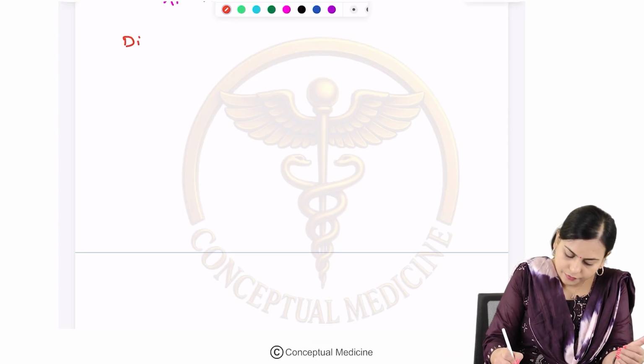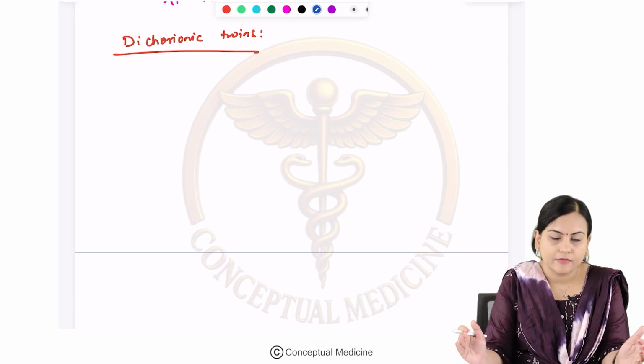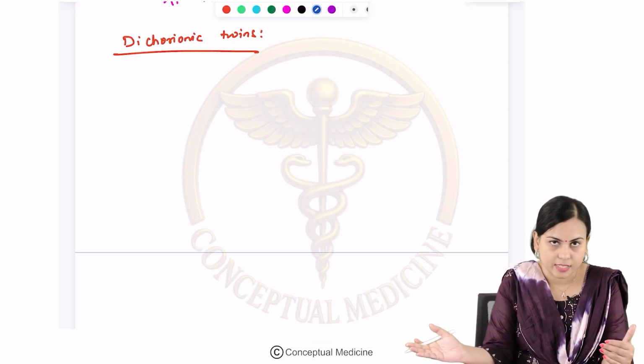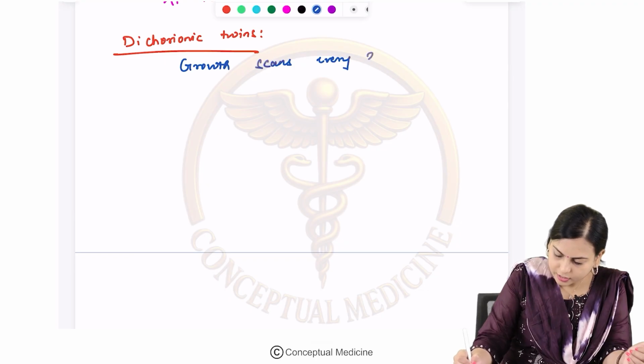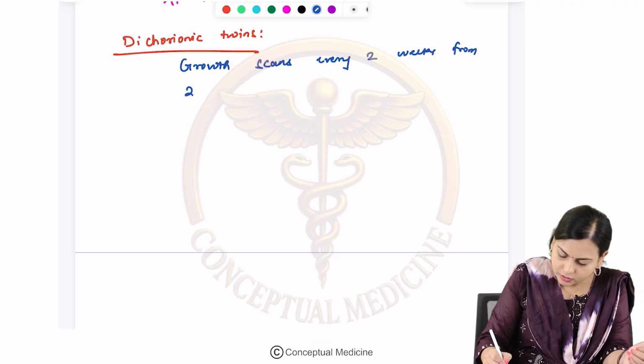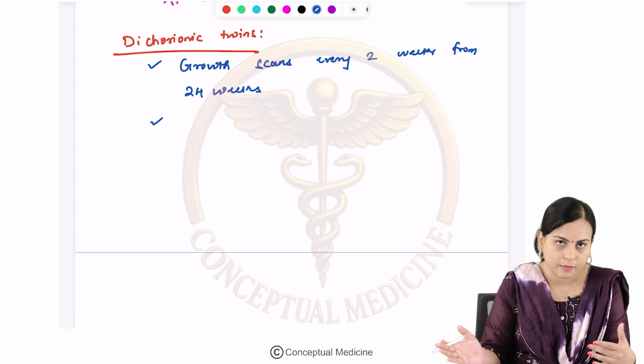If you have dichorionic twins, you have to do growth scans every 2 weeks starting from 24 weeks, and fetal weight should be measured using 1 or 2 parameters.